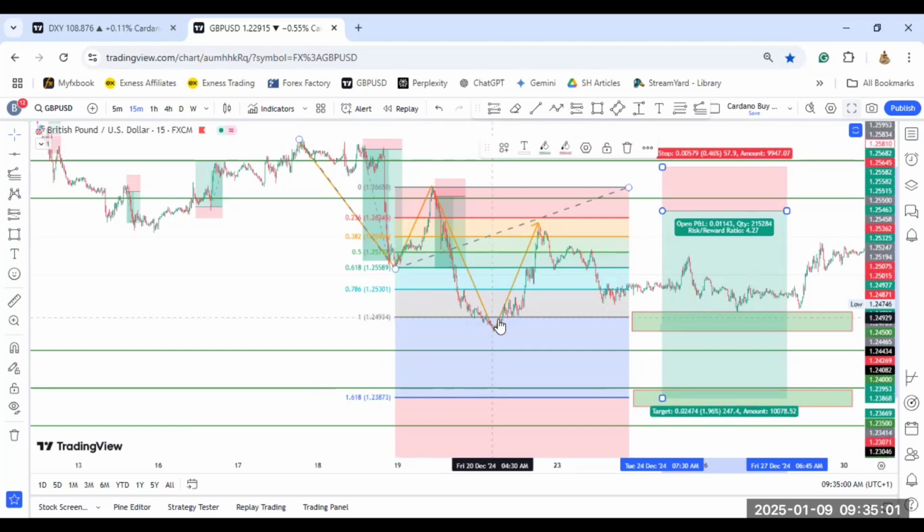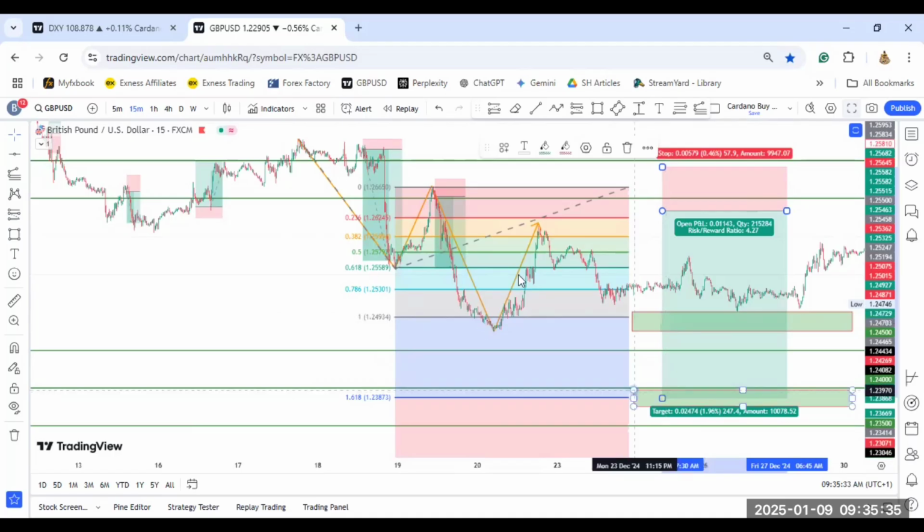By the time price reaches here, you will take your first take profit. So if you are risking, let's say $200 on this trade, by the time you have 250, you will take some profits from there. So you can take $150 as your take profit point. Then you will now leave it again to keep playing out.